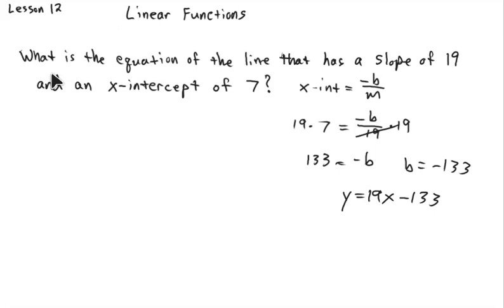But that's not the only way to do this. Another way to do it is, because the x-intercept is 7, we know that the x-intercept is the point 7, 0, okay, on the coordinate plane. That's the x-intercept. And so having a slope of 19, we can write this as y minus 0, because the y value is 0.